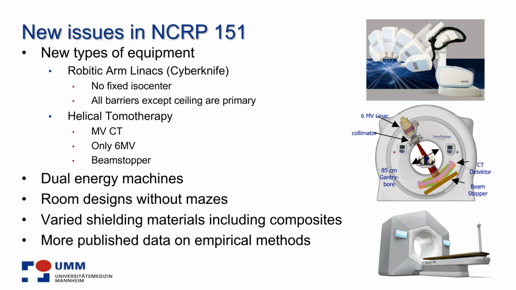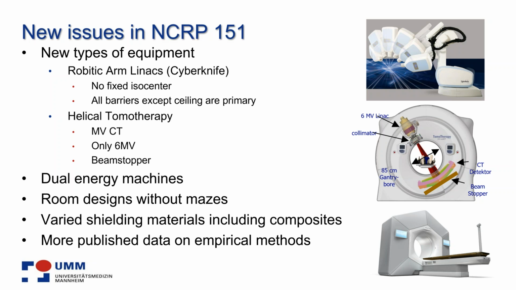So for the radiation protection, all barriers are primary. If you compare this to a linear accelerator, the machine is fixed in relation to the building, and the primary beam is around the 360 rotation around the machine.